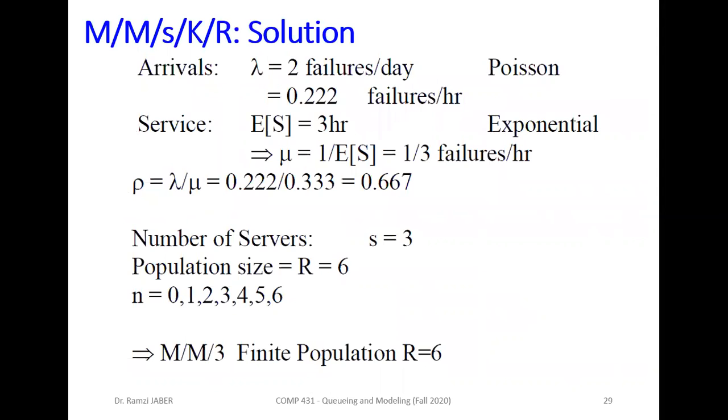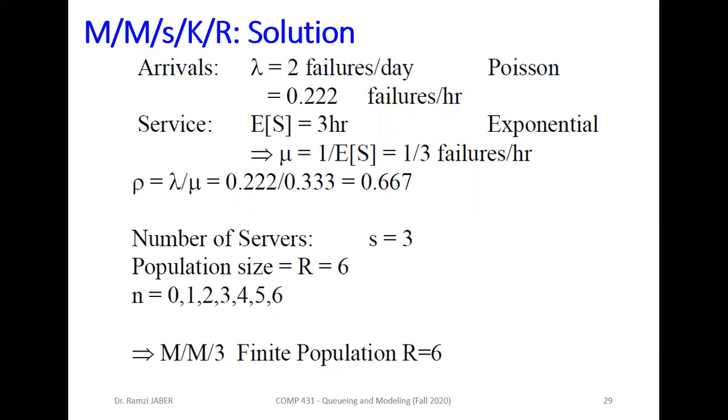Before we continue, we have lambda equal 2 failures per day, which means 0.222 failures per hour. The service time is exponential and each machine needs 3 hours. So mu equal 1 over expected time, 1 over 3. So rho equal lambda over mu equal 0.66, less than 1.